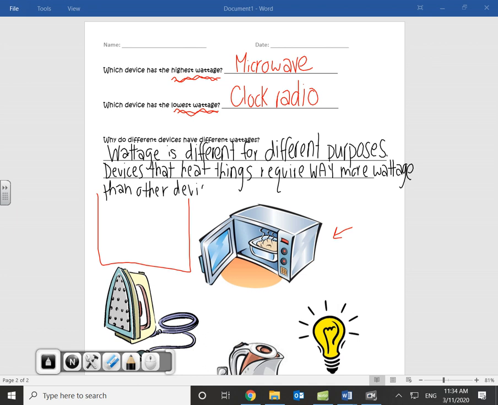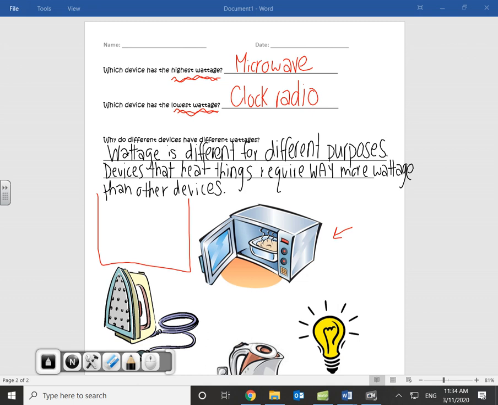And like I said, on the clock radio, the only reason it didn't need so much is because really its only purpose is to keep the time and display it on a little screen, right? It doesn't have to put all that energy into actually heating up food and do all that extra work, okay?